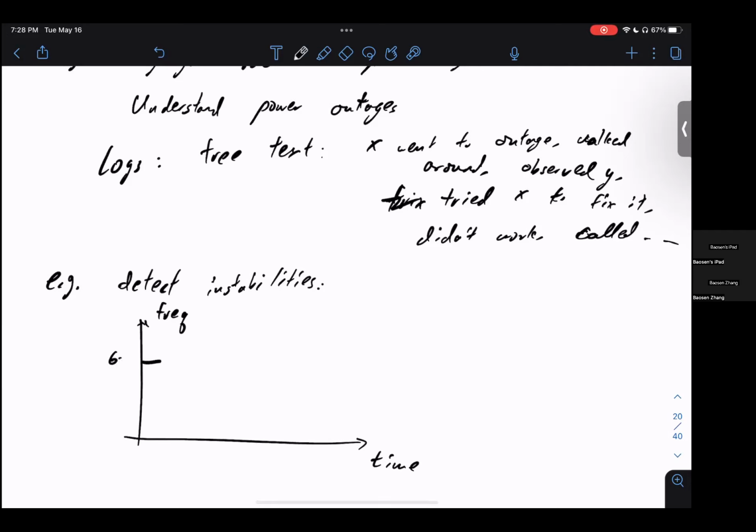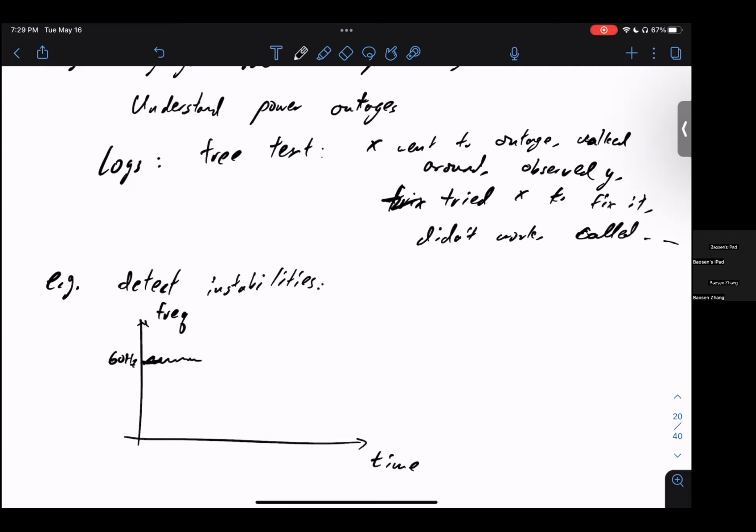A normal frequency is 60 hertz. In North America, if you measure the frequency of the system, it's roughly around 60 hertz. It doesn't vary all that much. So you have small variations around 60 hertz.